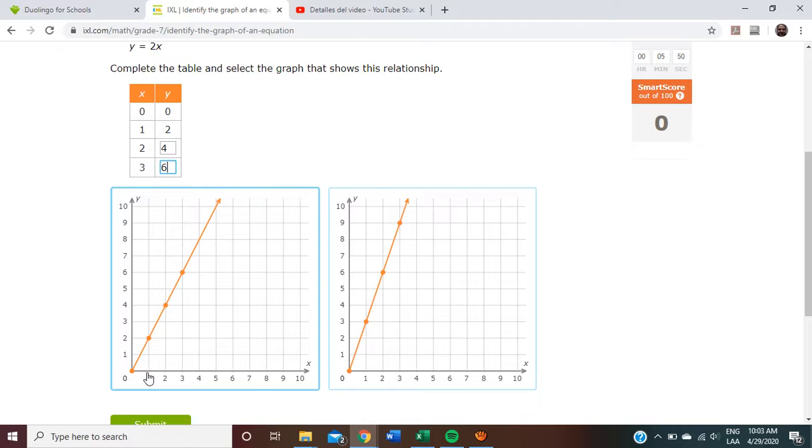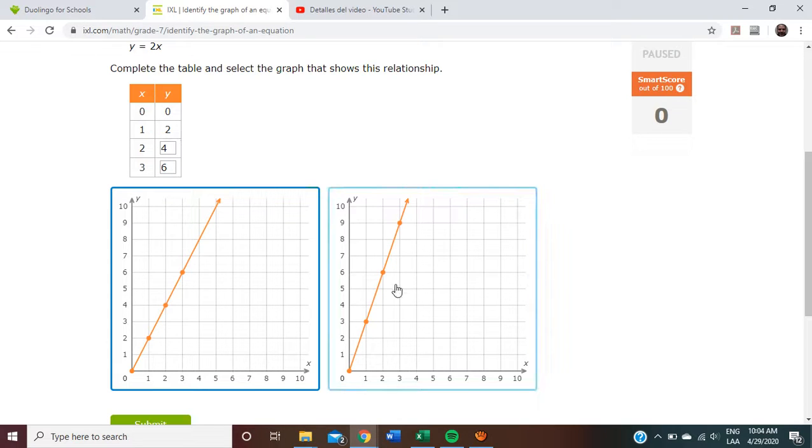When x equals 1, y equals 2. When x equals 2, y equals 4. When x equals 3, y equals 6. So this is the graph that is related to this equation.